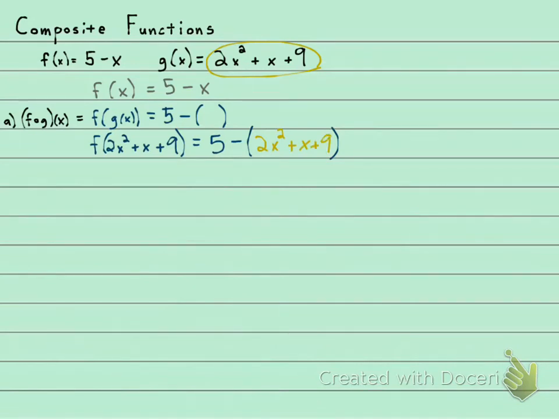Then we do a little bit of math right here. This is going to be 5 minus 2x squared minus x. We're distributing that negative 1, if you want to think of it as a negative 1 that we're distributing.